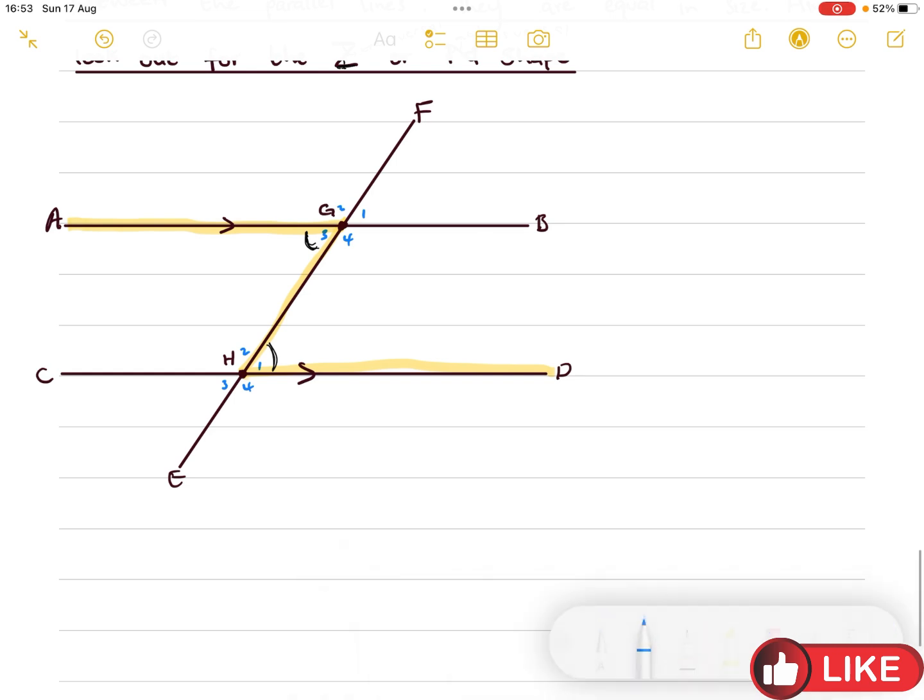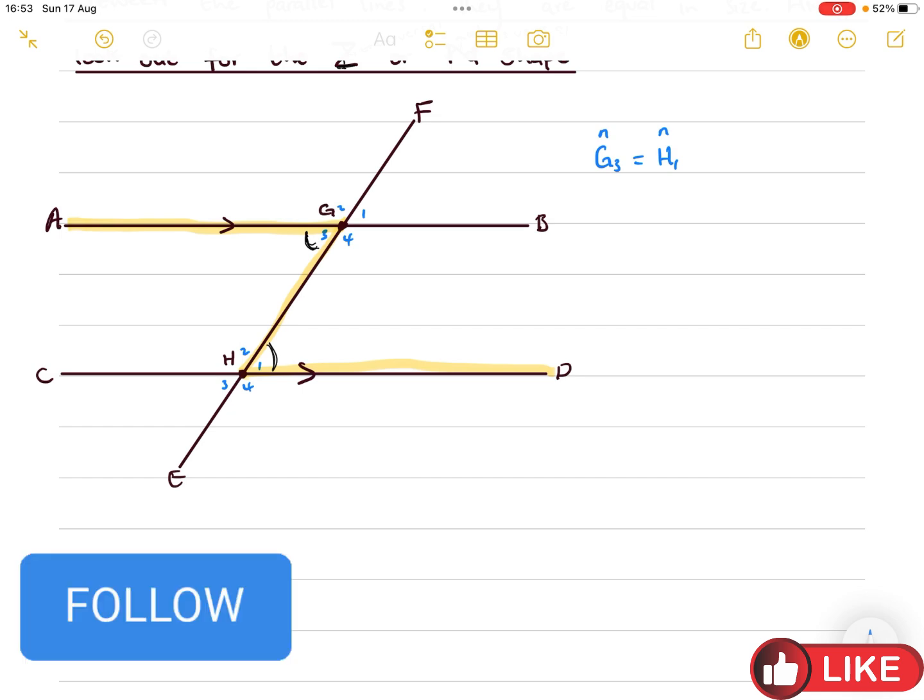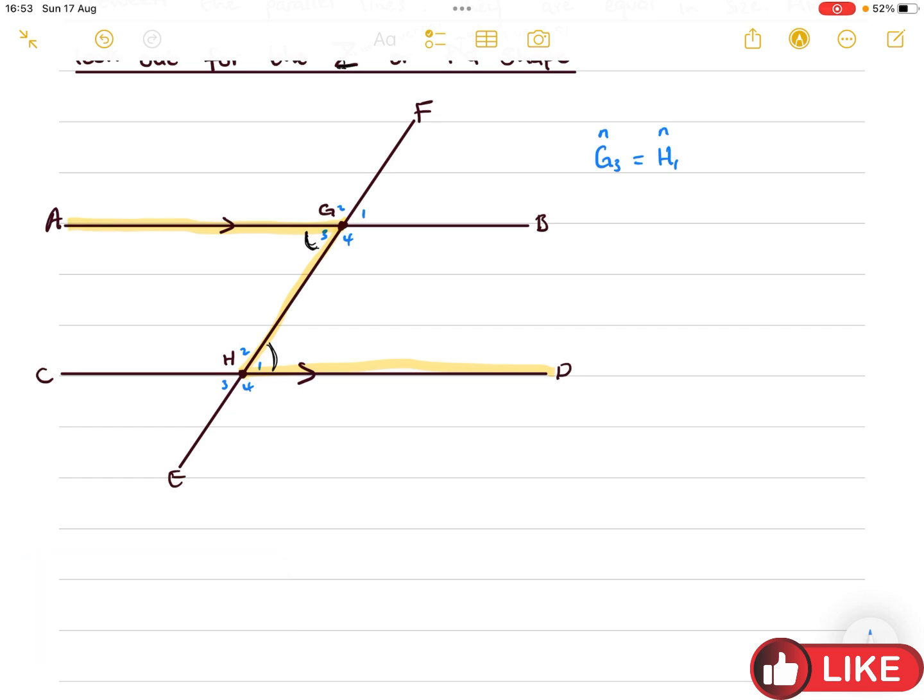So we have angle G3 equal to angle H1, which is something we saw previously, where we related vertically opposite angles and corresponding angles. But now we are going straight to the point using the concept of alternating angles, because we're looking at alternating angles.